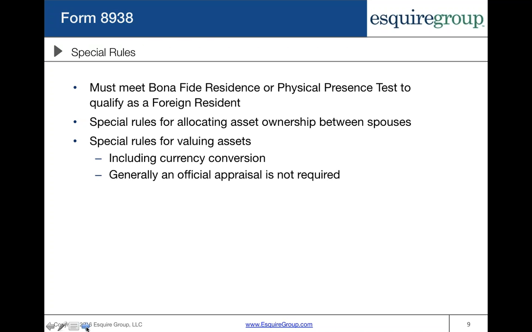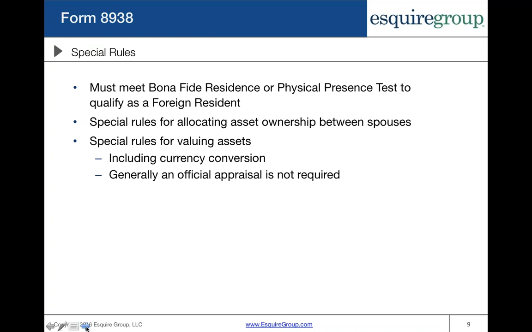These two tests are the two tests that are related to the foreign earned income exclusion, which is a separate topic, but I'll just cover them very briefly. So in order to be a bona fide resident of a foreign country, you have to have been a bona fide resident of a foreign country for a period that includes an entire tax year.